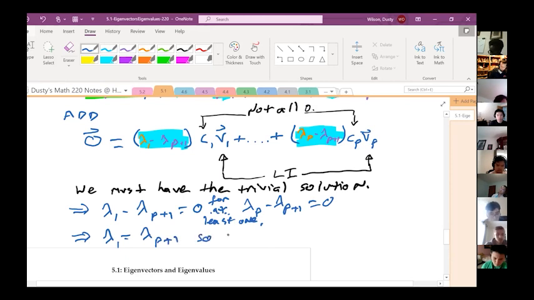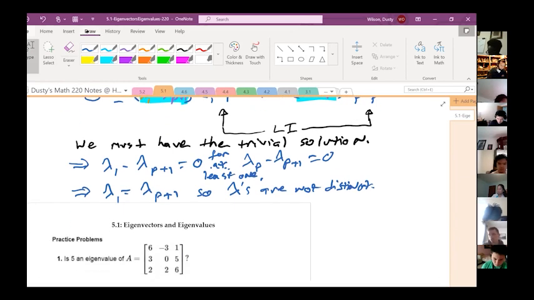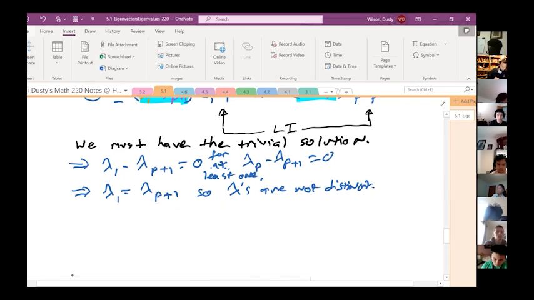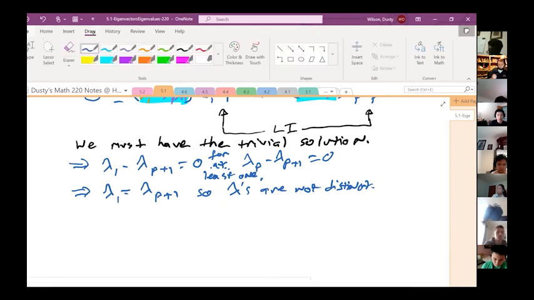So the lambdas are not distinct. So that's a contradiction.